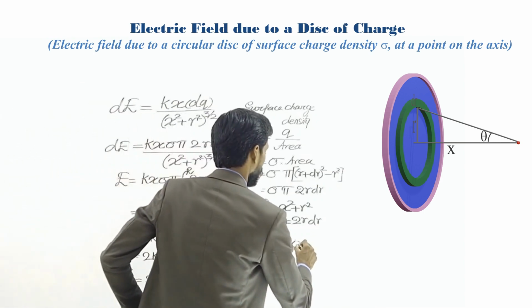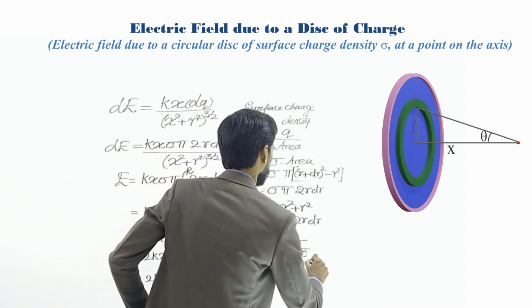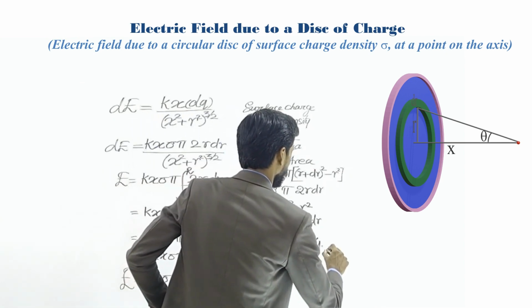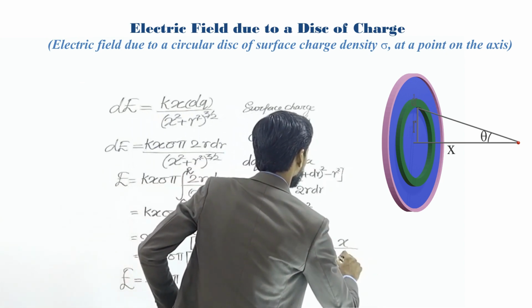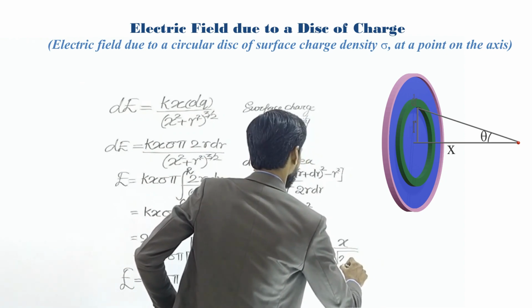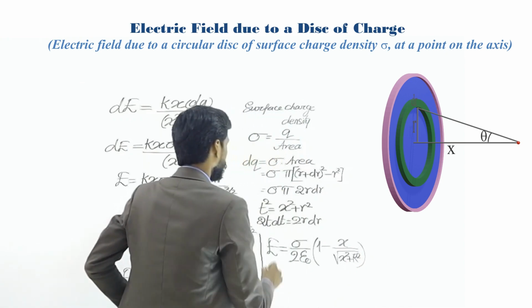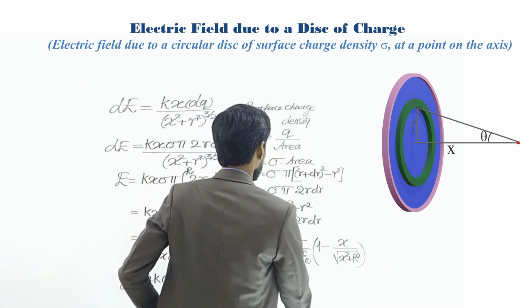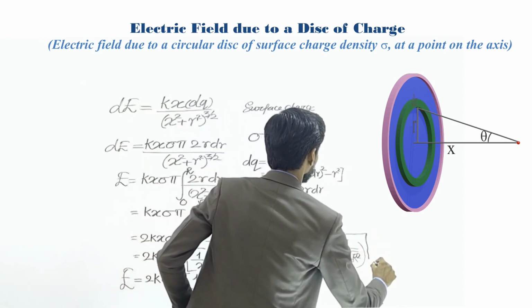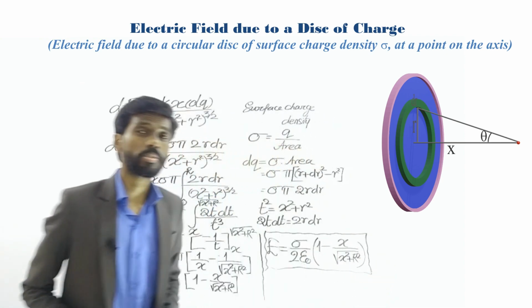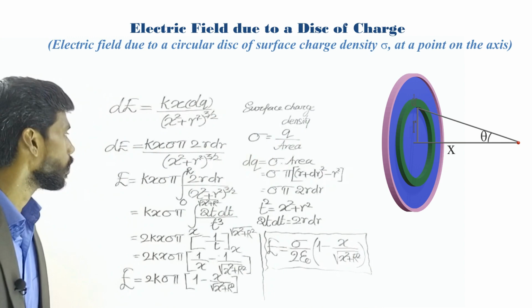So this is sigma divided by 2 epsilon 0, multiplied by 1 minus x divided by root of x squared plus r squared. This is one formula you have to remember, the electric field due to a disk.